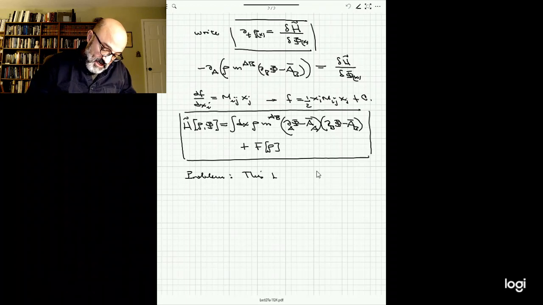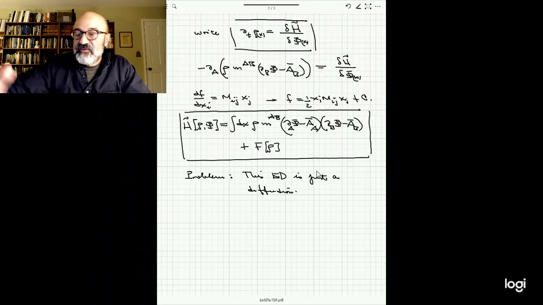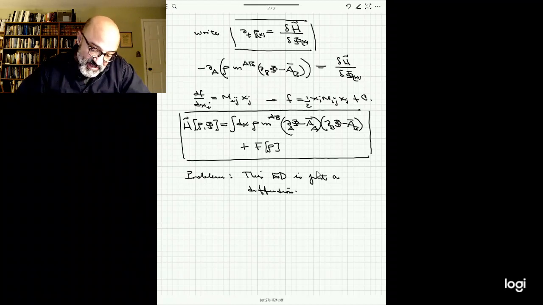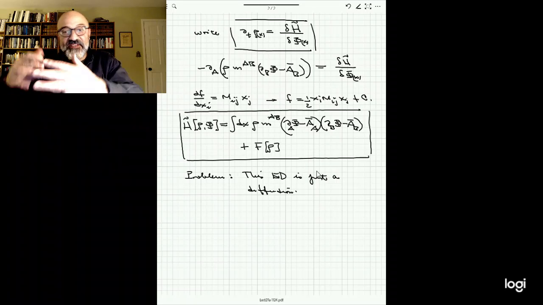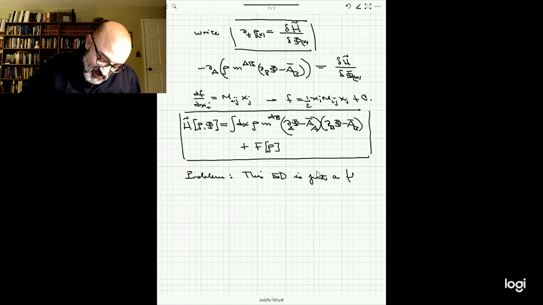This entropic dynamics is just a diffusion. It's just an evolution of the probabilities in a certain direction. It's not even a diffusion, really, because the probabilities evolve with very nicely defined velocities. So this entropic dynamics is just a flow.